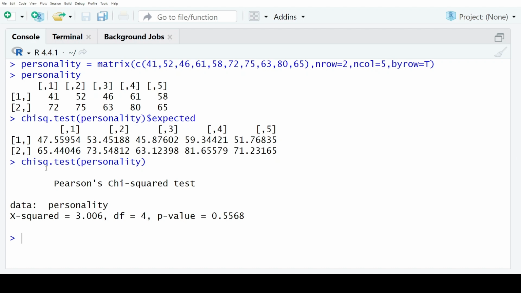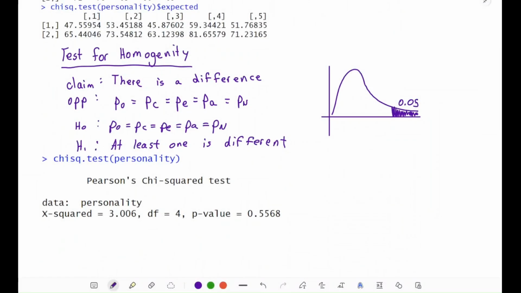So let me copy that and go back to the notes. So our test statistic chi-squared is 3.006, like I said.